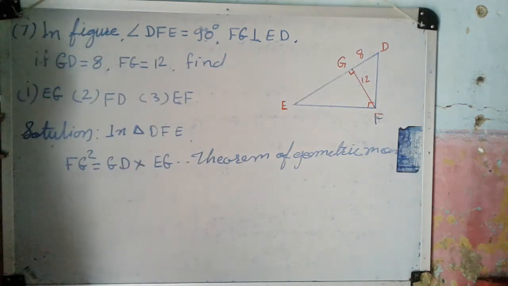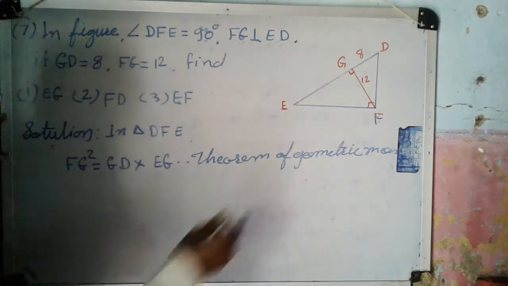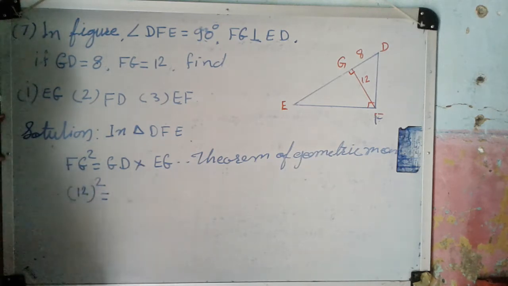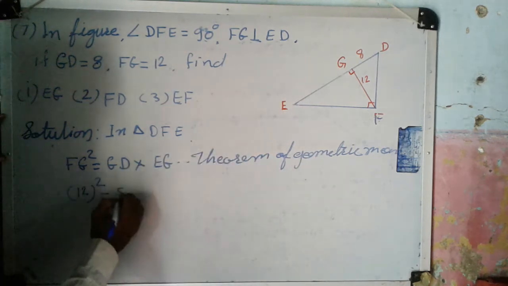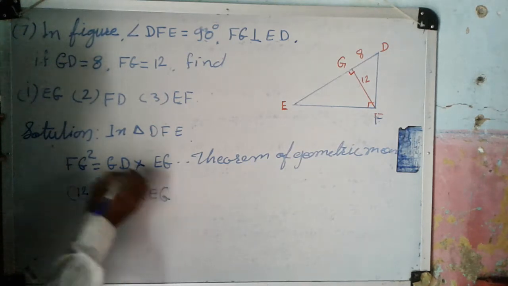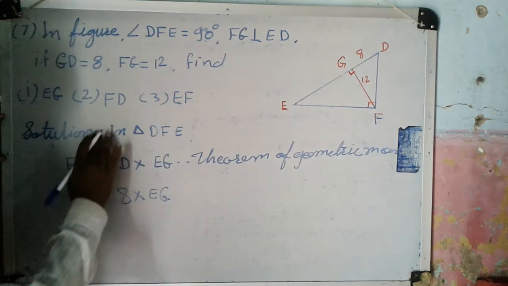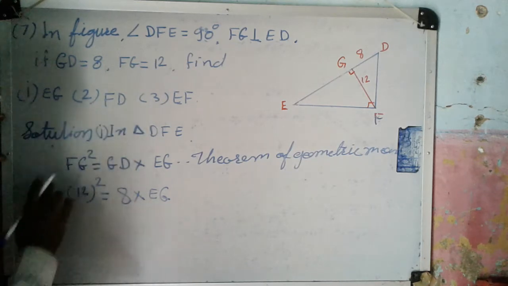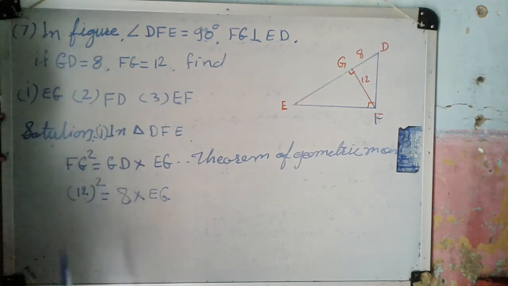Now put the given values here. FG is given 12, therefore 12 square, GD is given 8 multiplied by EG. We have to find it.